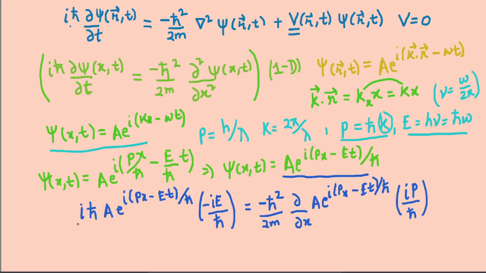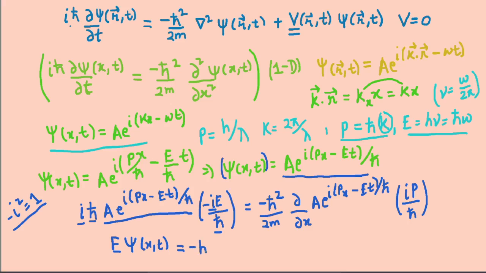From here we see that minus i squared, we get minus i squared. We know that minus i squared is equal to 1, is equal to unity, the complex. Minus i squared equals 1, and h bar here cancels out. We are left with this equation, which is indeed this, that is E psi x, t, you can write this, equal to minus h bar squared by twice m.